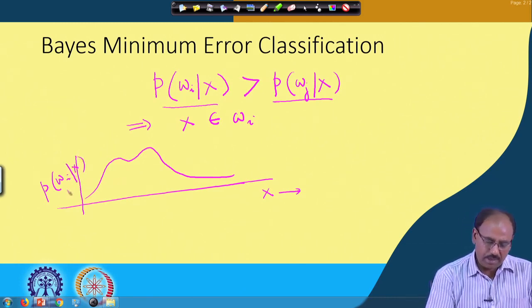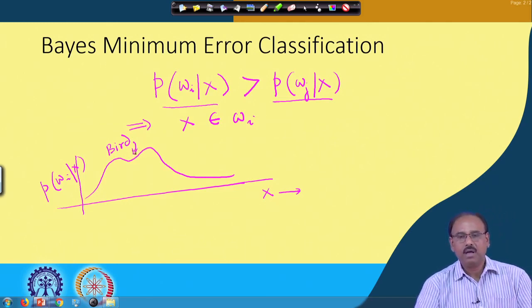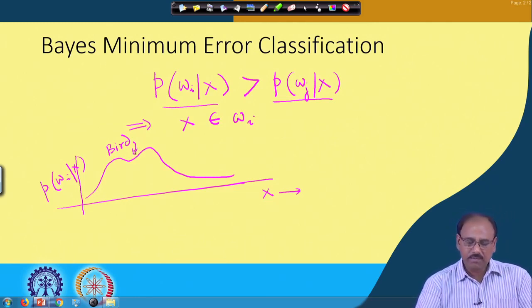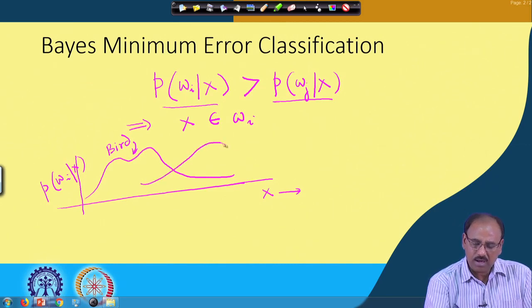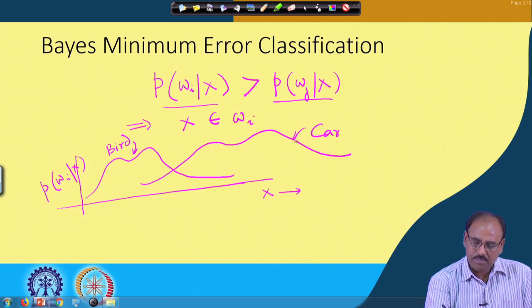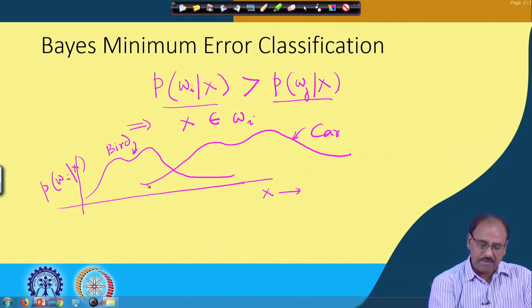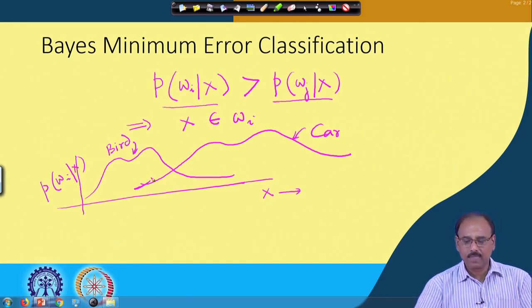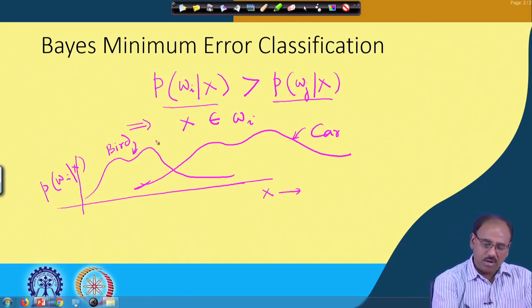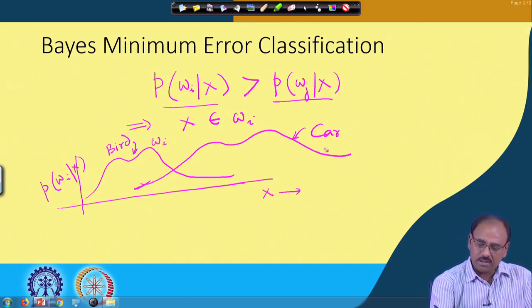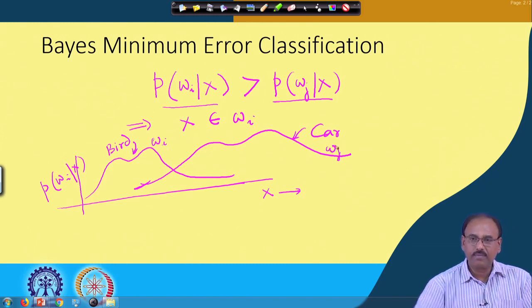If my omega i is bird, then I can have this sort of a posteriori probability density, whereas for car, maybe P of car given x has some density something like this. So, this is my omega i, this is my omega j.